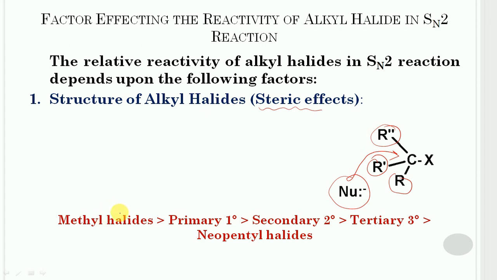The relative rate of SN2 reaction for some halides is shown by this sequence. Methyl iodide reacts faster in comparison to primary halides, and in the case of tertiary halide, the reaction will occur very slowly.